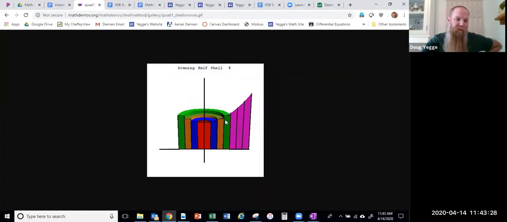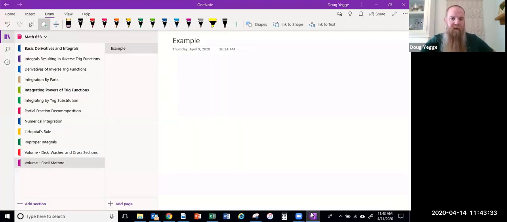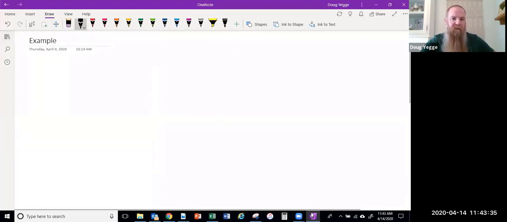So let's start with this for a minute, because this is something we have to go back to and just recognize that there's a little difference between the disk and washer method, which by the way are the exact same method. It's just whether or not there's a gap or not.